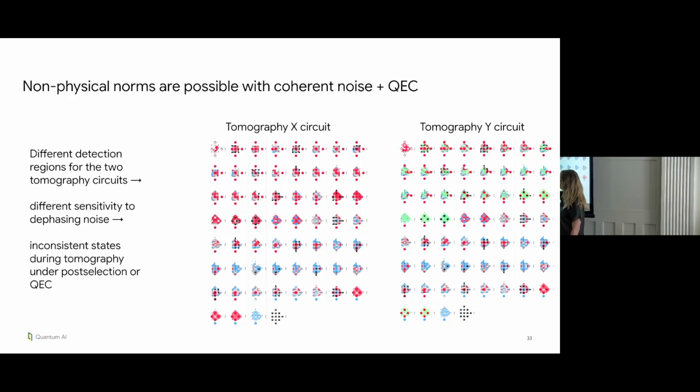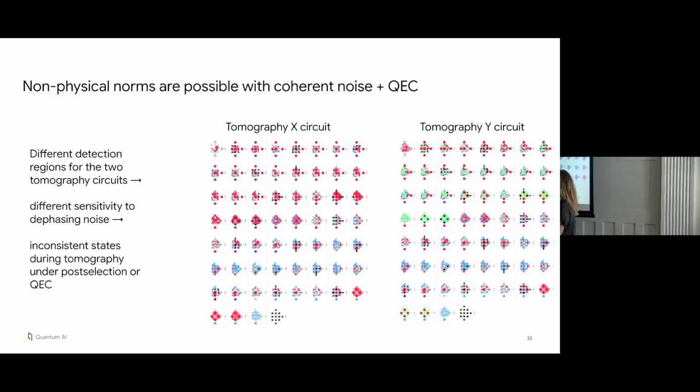What a red detection region here means, for example, is that if there is a Z error on this qubit at that time, then the X stabilizer would pick it up. And so you can glance at these colors and use it as a way to understand the sensitivity of my detector to different noise sources.